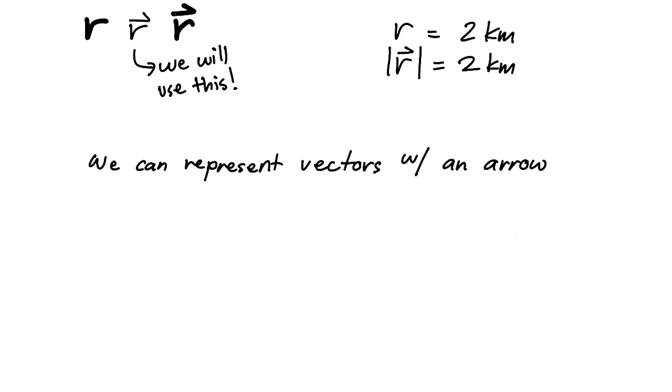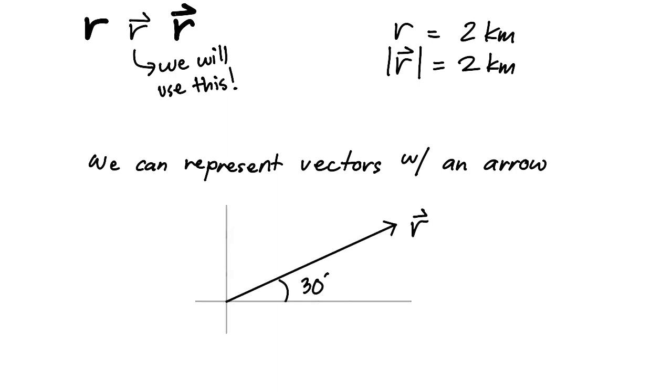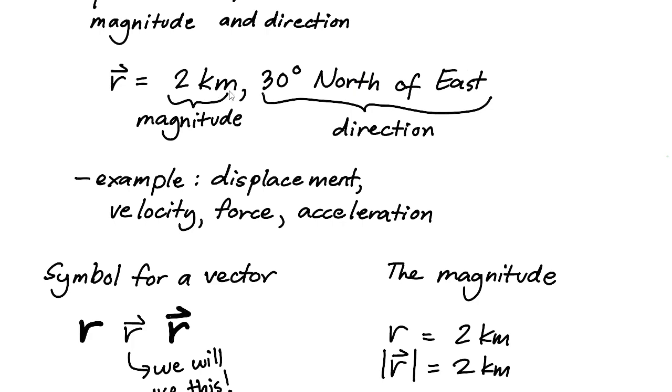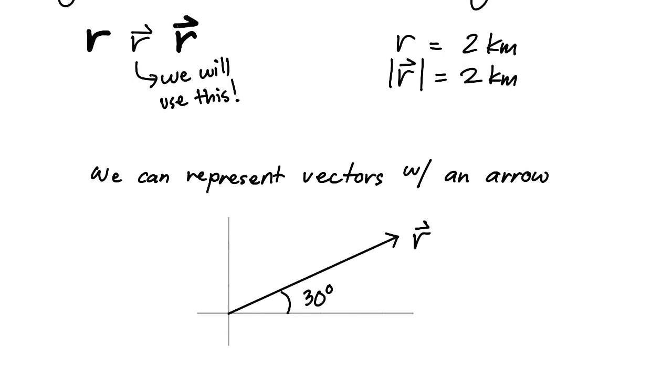If we draw that, represent yung vector na yan with an arrow, it would look like this. Okay, so ganito yung itsura ng ating vector R. If you check again, 2 kilometers, 30 degrees north of east. Okay, so yan yung itsura ng ating vector R.